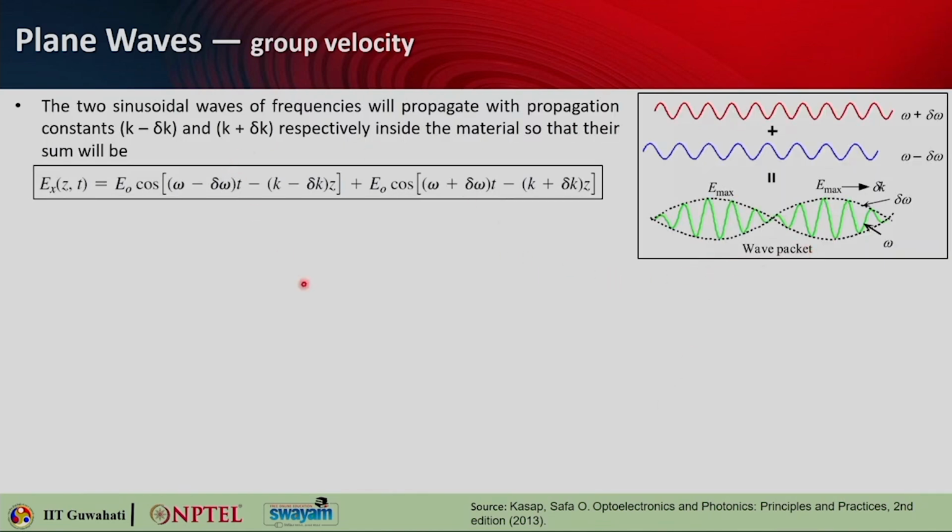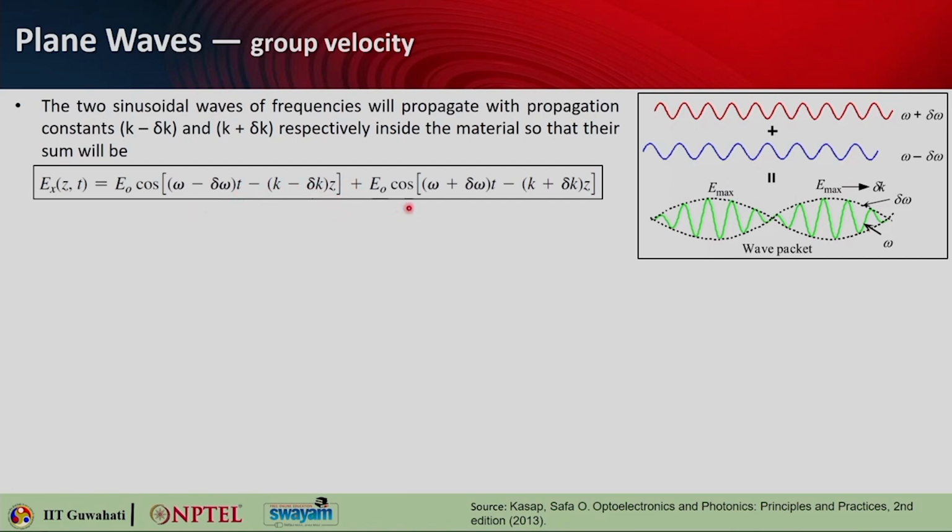So let us look into this again. If you consider two sinusoidal waves of frequencies that propagate with propagation constant k minus delta k and k plus delta k inside a material, the sum will add up like this. Ex can be written as E naught cos of (omega minus delta omega)t minus (k minus delta k)z. This is one wave.